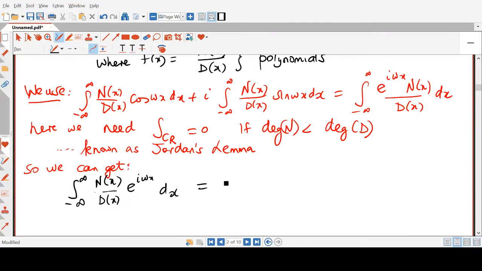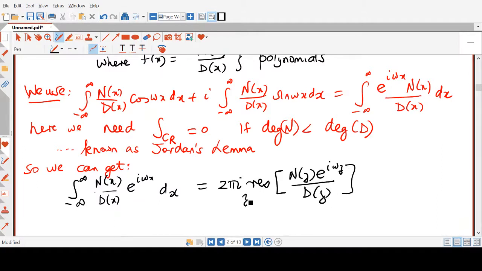How do we work this out? It's 2 pi i times the residue of n of z e to the i omega z over d of z. You work the residue at the poles, z equals z k or whatever. If necessary, you have to sum them if there is more than one pole involved.